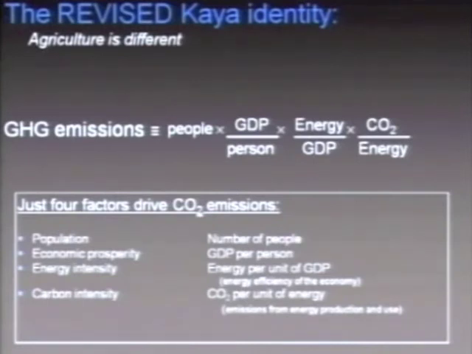So how do we modify this equation to revise the identity to talk about agriculture? First, we're not just interested in affluence. We're interested in food production. And so we discuss this in terms of food produced rather than wealth generated. Second, this use of energy is important in agriculture.